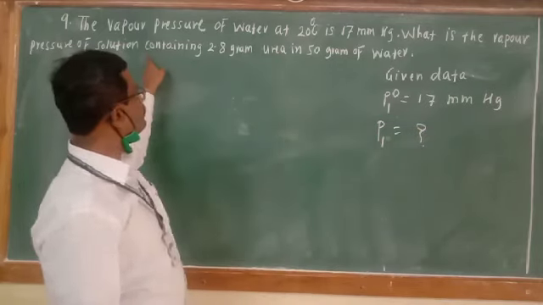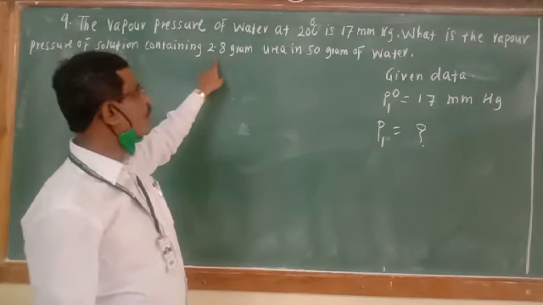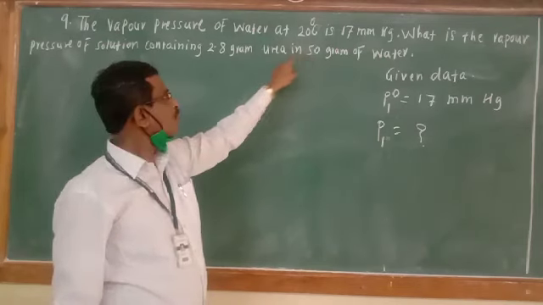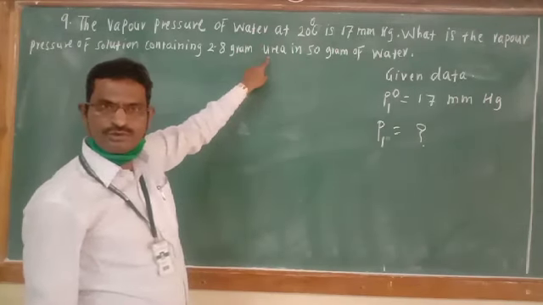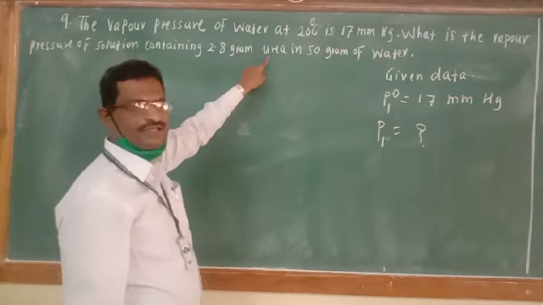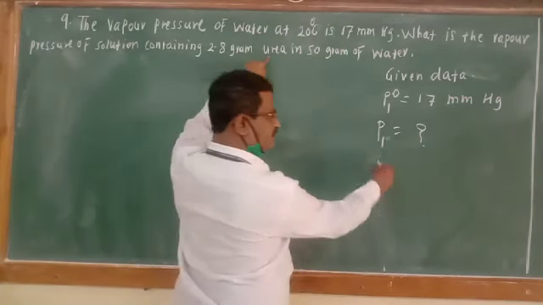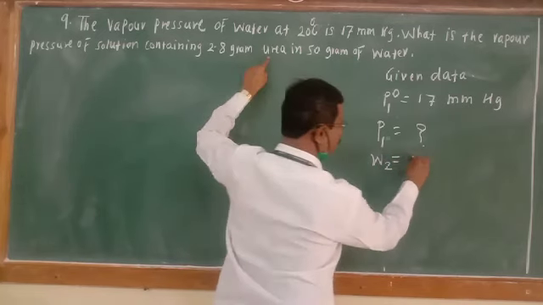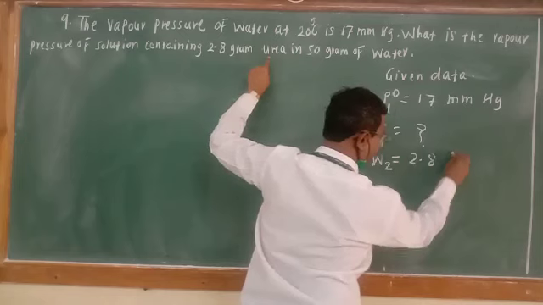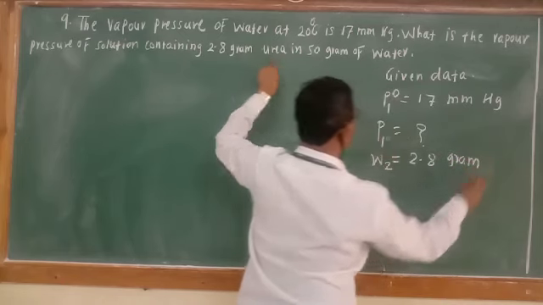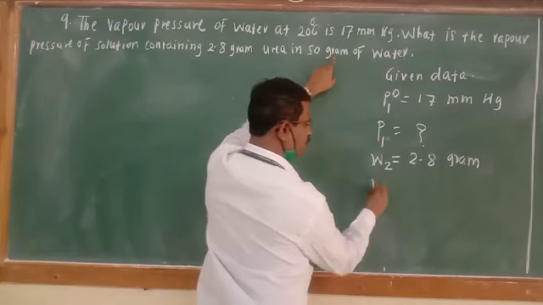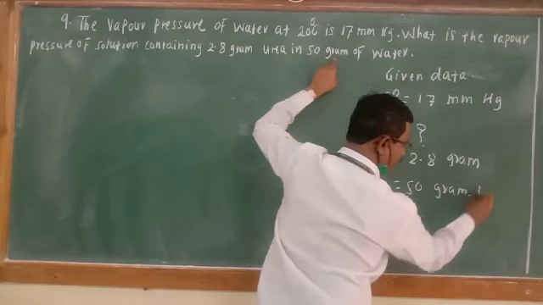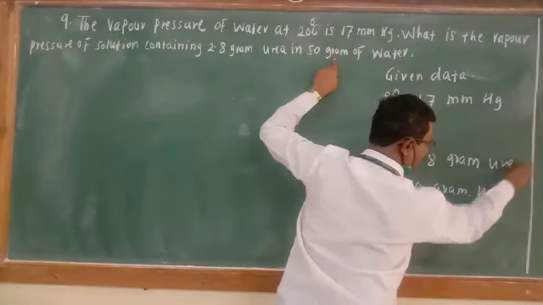The solution is containing 2.8 gram urea in 50 gram water. So what is urea? Is it solute or solvent? It is a solute because it is taken in the less proportion. So weight of the solute W2 will be equal to 2.8 gram. Weight of the solvent W1 is equal to 50 gram of water.